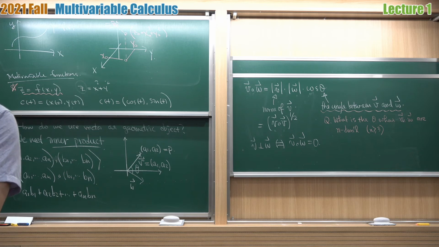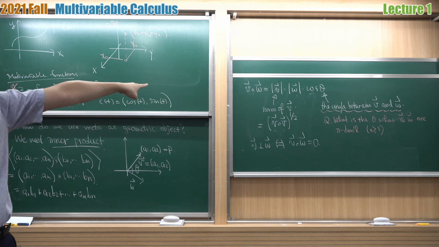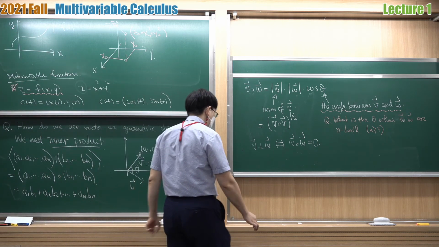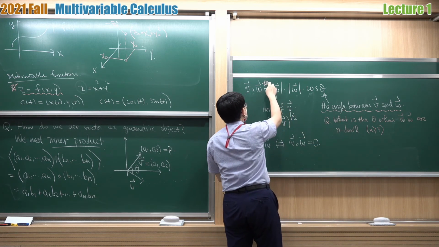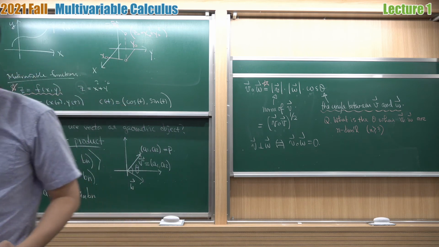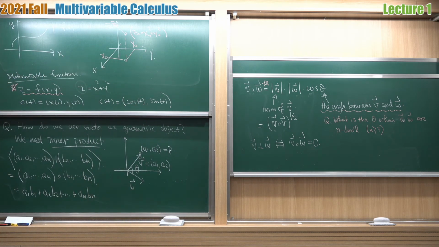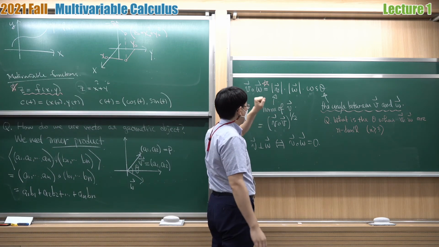Okay, so there are two remarks here. For the first one, I will prove that equality. This is not a definition. This is an equation that needs some proof. Before that, to make sense of what this equation means, I ask what theta is. The second remark is that you can define it as the inner product divided by the two norms and take an arc cosine.